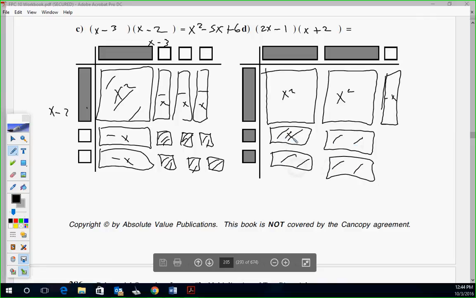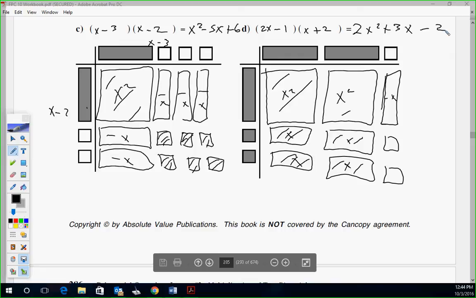So what happens with our x's is we have 4 positive, 1 negative, so it's 4 minus 1, 3x. And then the last piece here is going to be 2 negative units. It'll be white. These are positive, so 2x squared plus 3x minus 2. So that's a visual representation of what we're doing today.